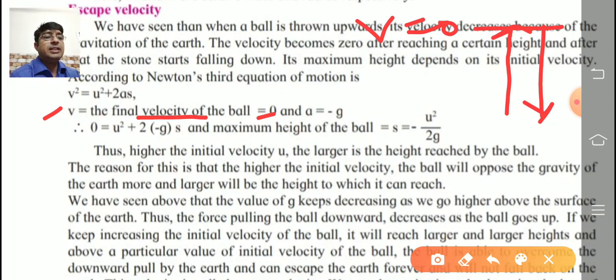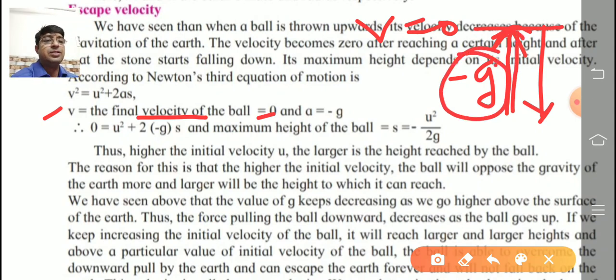And a is equal to what? a means acceleration. Acceleration is in opposite direction, that is minus g. g is in downward direction, and the ball moves upward, so consider it as minus g. Therefore, substituting this value, 0 equals u square plus 2 into minus g into s.